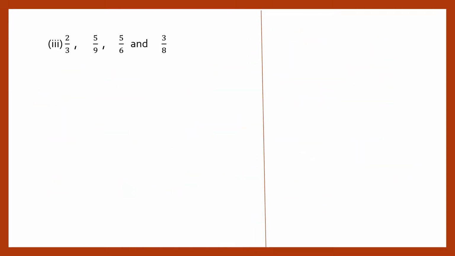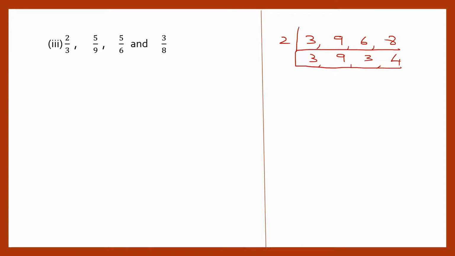Third one. Denominators, we're going to find the LCM. So let's start with 2. I bring down 3, 9, 3, 2 3s are 6, 2 4s are 8.